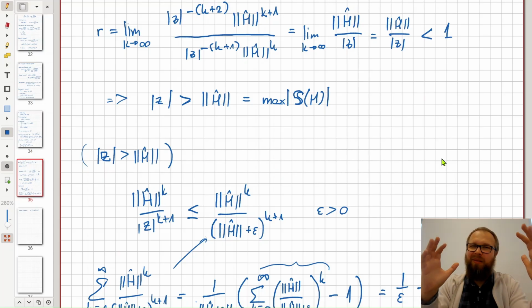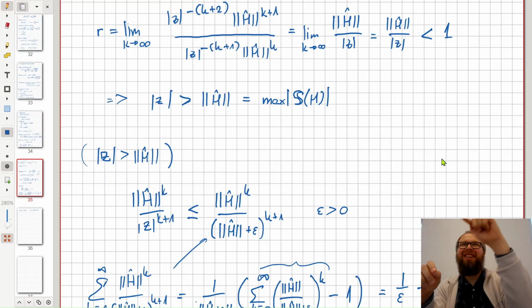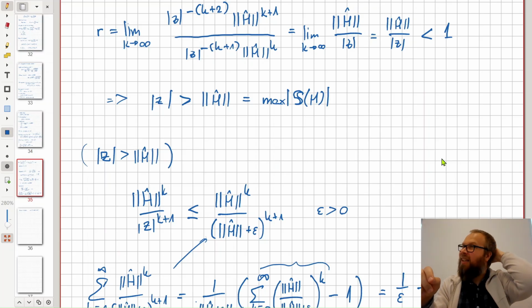I maybe will try to talk more about actually functional analysis, so the contour integrals, Cauchy theorems. Complex analysis.